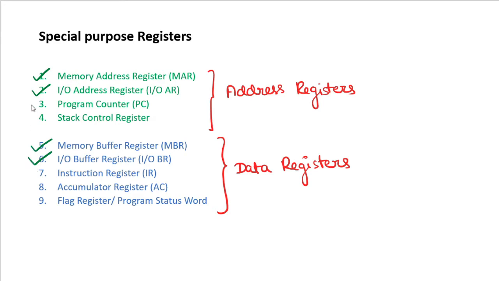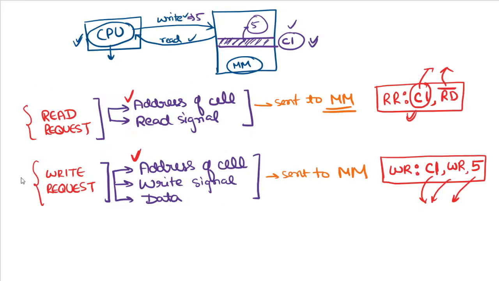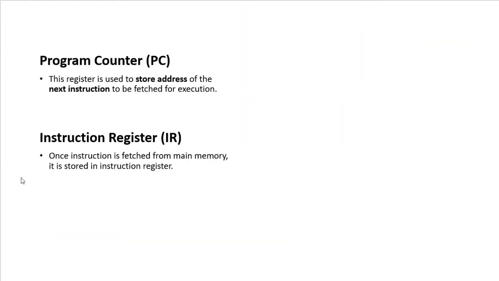Now let's proceed with our discussion with the program counter. So what is a program counter? I hope everyone remembers that when we were discussing the execution of any program, we said that the CPU executes a program by fetching its instructions one by one and executing each instruction sequentially.